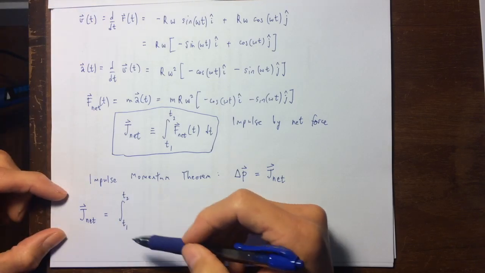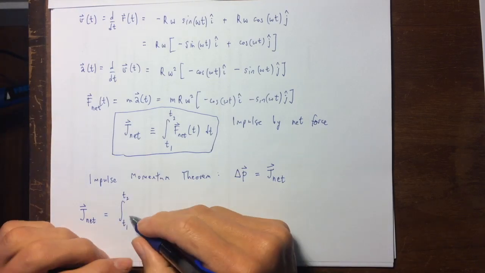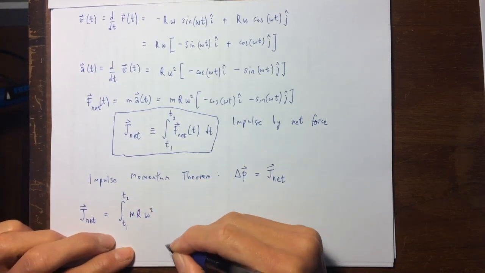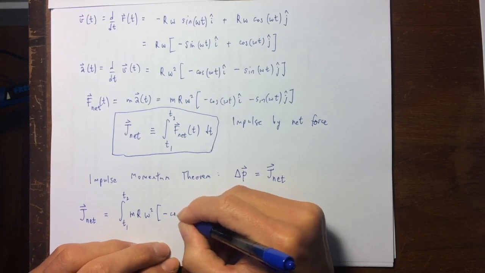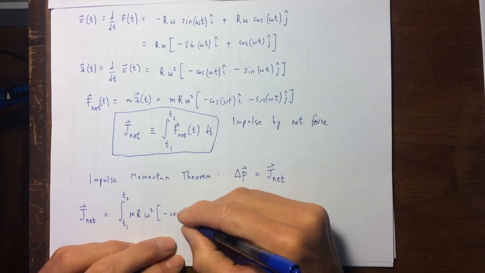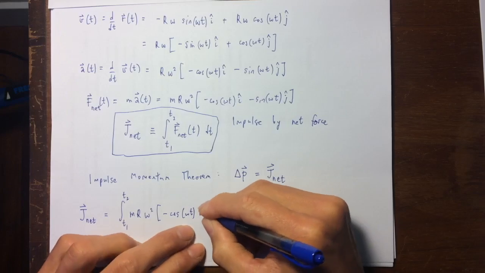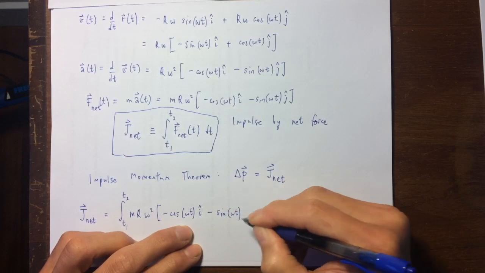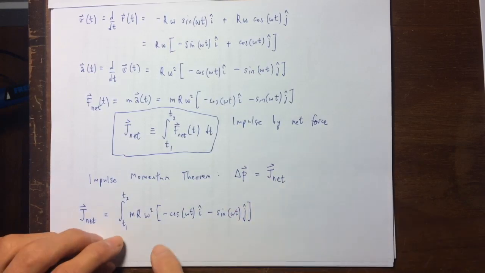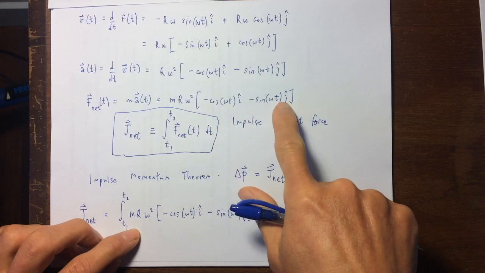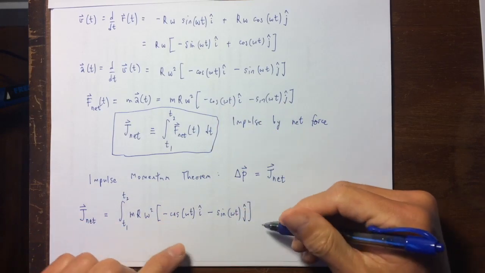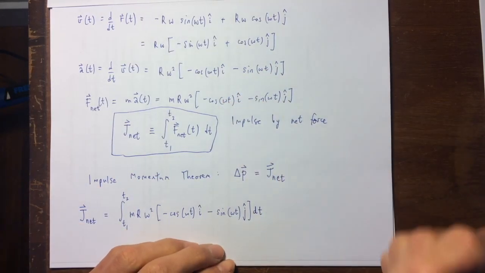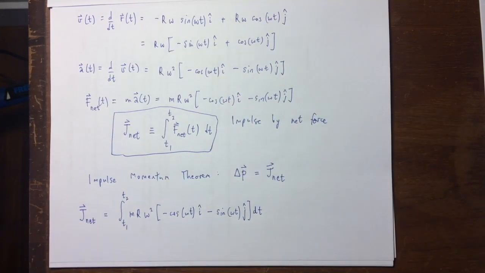So we'll put a 0 and a 20 seconds in a little while. But let's put in F net. It's m r omega squared times minus cosine omega t. Check it out, there's a vector in there, minus sine omega t j hat. So omega squared, the vector business, but then don't forget the little dt.